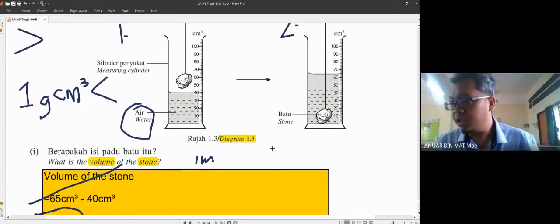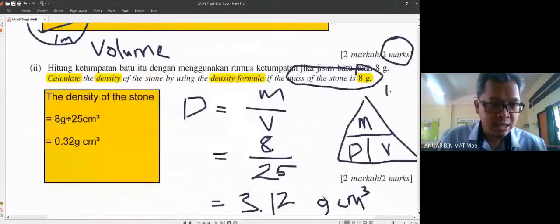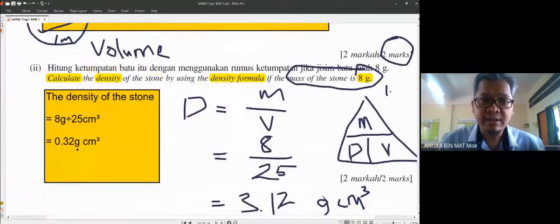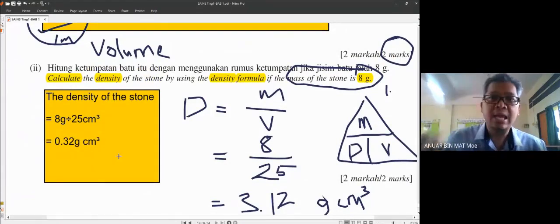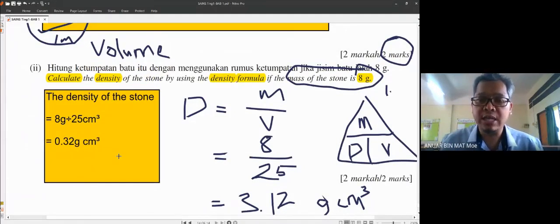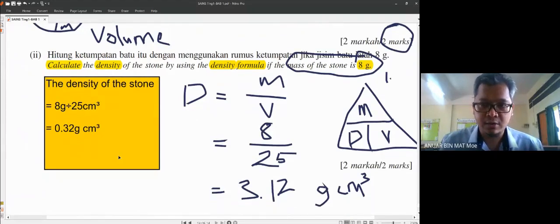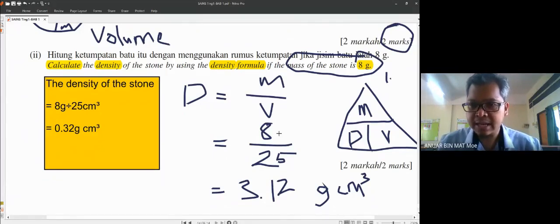So it is not 0.32, because if the density is 0.32, the object will surely float in the water. You must divide 25 by 8, so the actual answer is 3.12 gram per centimeter cubic.